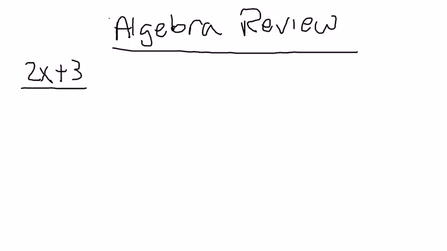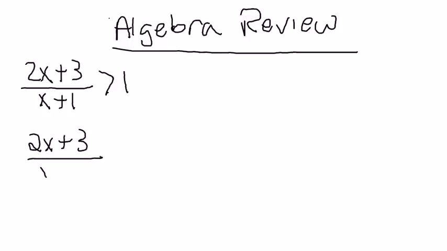2x plus 3 over x plus 1 is greater than 1. If I go to solve this equation, I need to bring that 1 over to the left and subtract it. So I'm going to write it as 2x plus 3 over x plus 1 minus 1 is greater than 0. Now before I can compare it to 0, I have to subtract that 1.